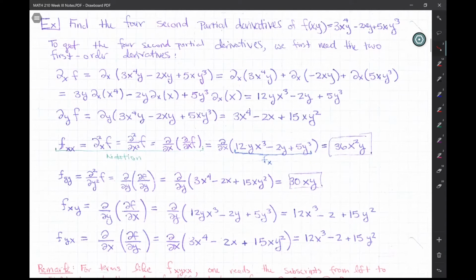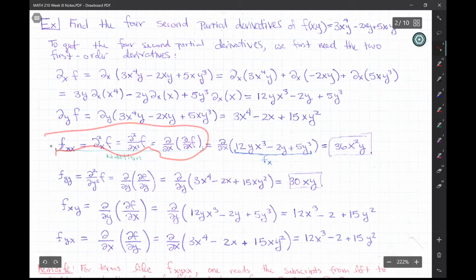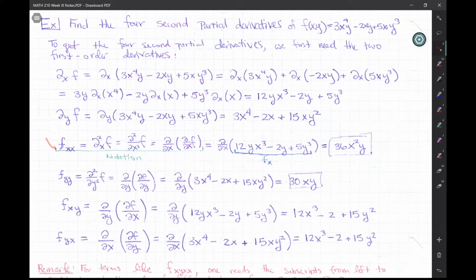When we want the second derivative with respect to x, so that the second partial derivative with respect to x, this here is notation. What you're seeing, all of this is notation. I just would like you to see alternative ways of denoting this concept.